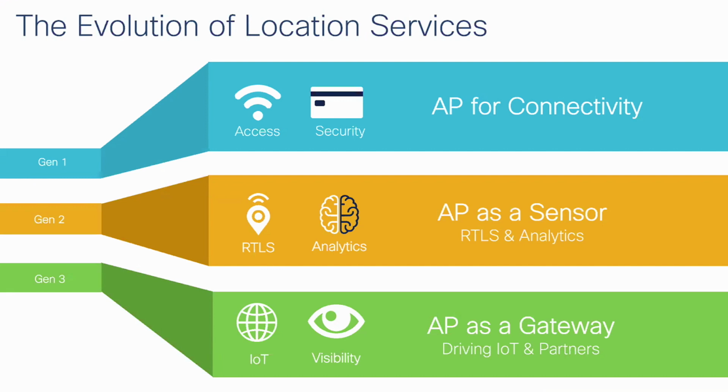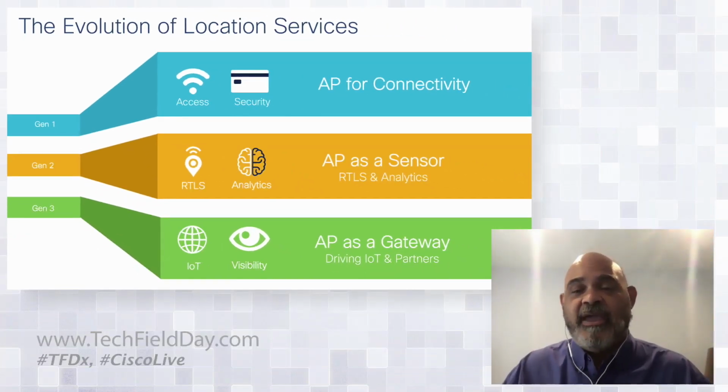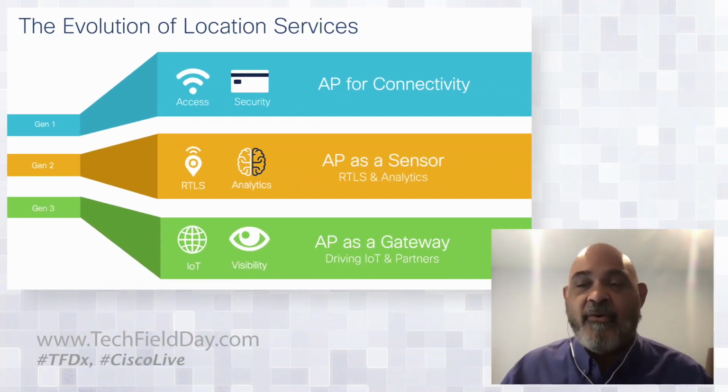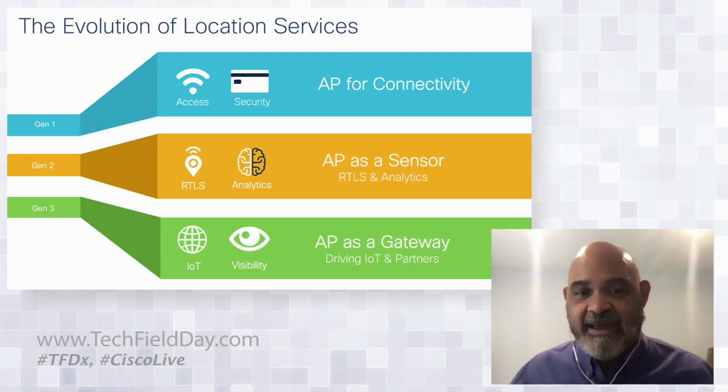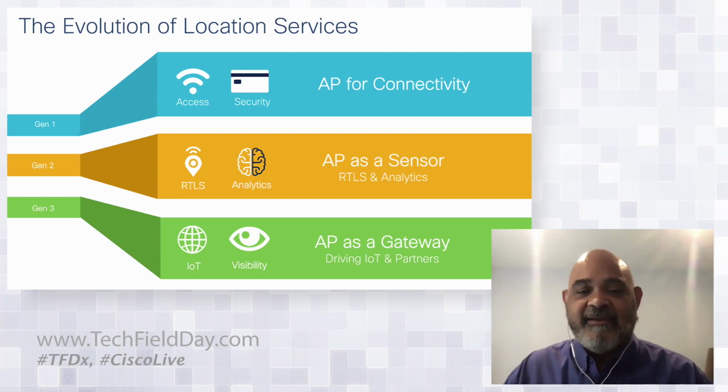One is that previously APs were always all about connectivity, right? Get packets from a wireless device up through the air into an AP and connect it. Where we are with most customers now is AP as a sensor. That AP is not only able to get packets in there for transmitting data, but also understanding RTLS and analytics, where those packets are coming from, where real-time location services can be provided with things like RFID tags.